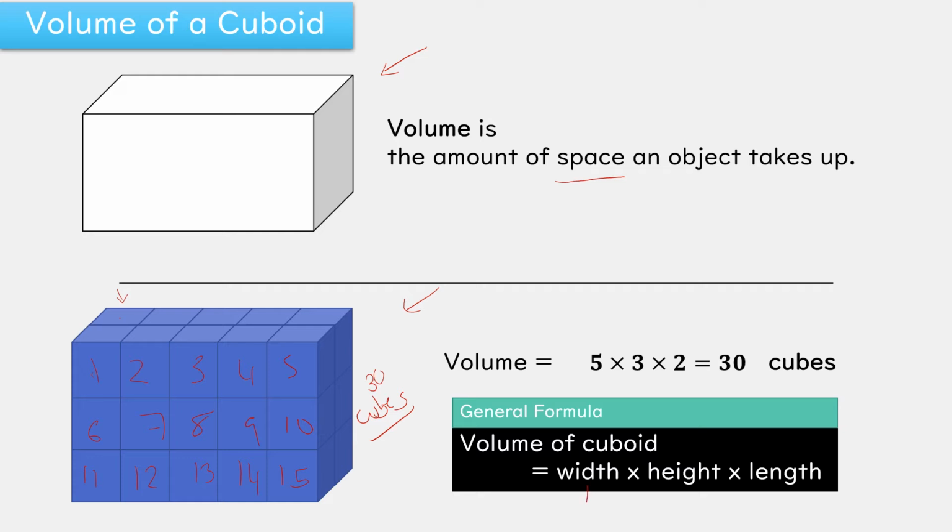We can also call width base, so we could have the base times by the height times by the length. So we've just got that extra bit there. Like with area, we did base going across the bottom times by the height. We then just have to times it by one more thing, which is the length that it goes backwards to find that solid volume.